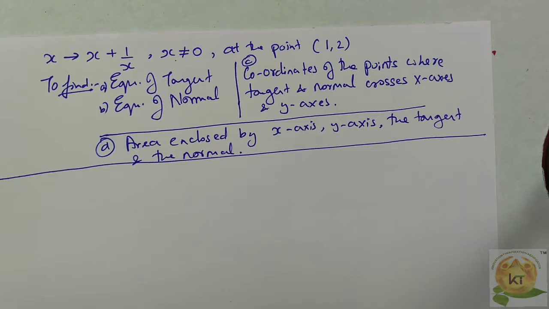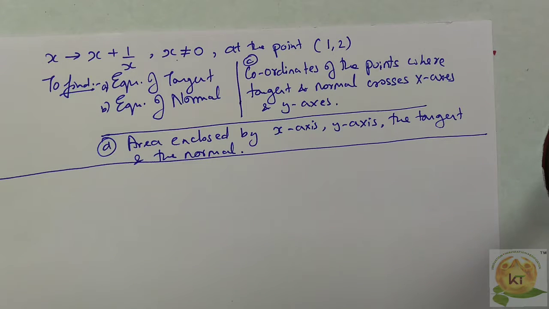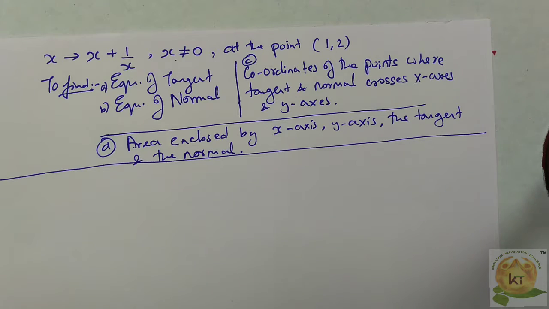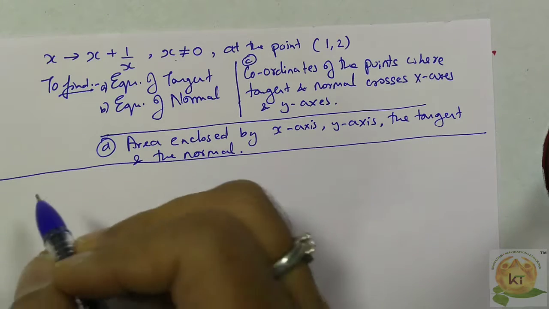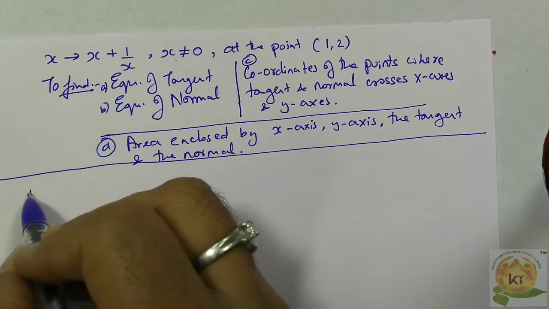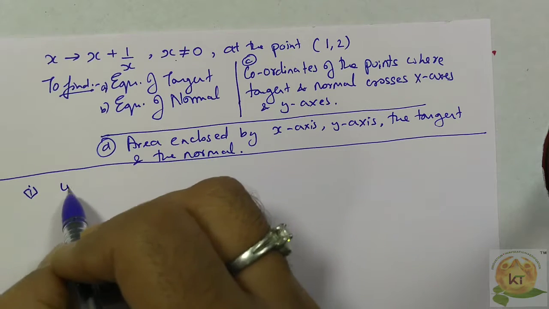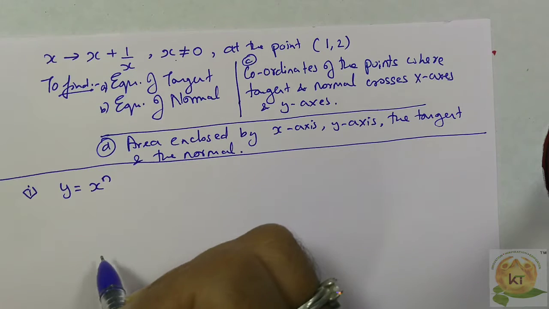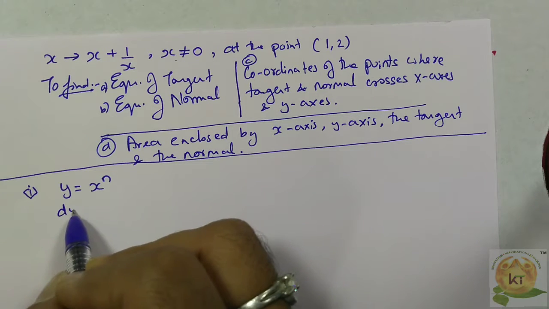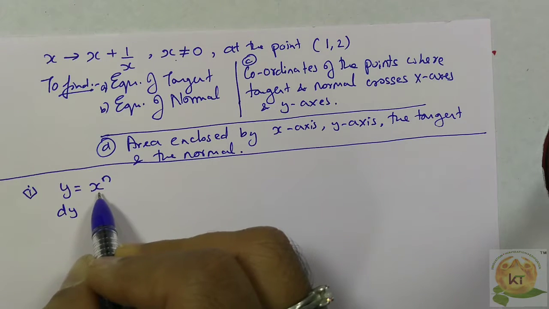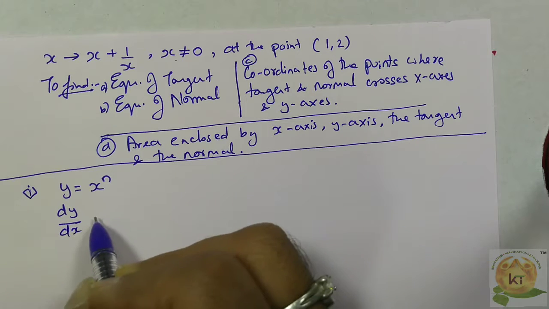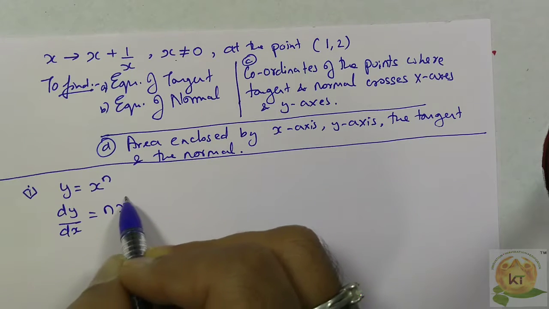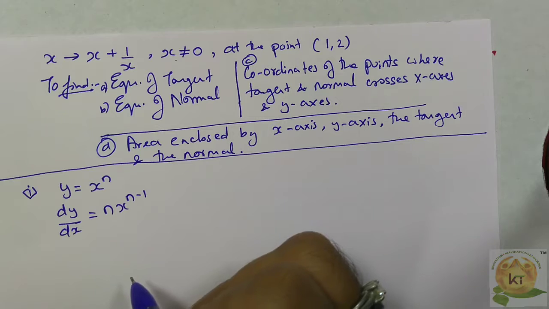So the very first concept that I am aiming at in this sum is to know how to differentiate a particular equation, how to find the first derivative. The first derivative, which you are already aware of pretty well: if they have given you y is equal to x to the power of n, and I am supposed to differentiate this with respect to x, then dy by dx is given by n x to the power of n minus 1.